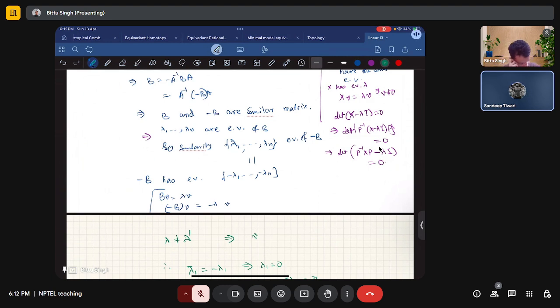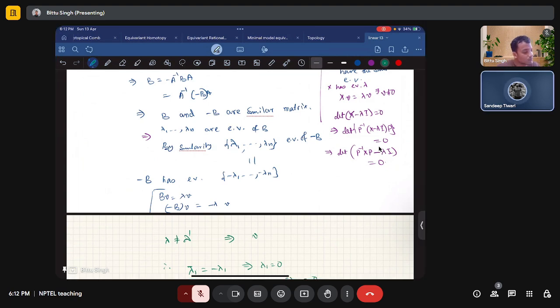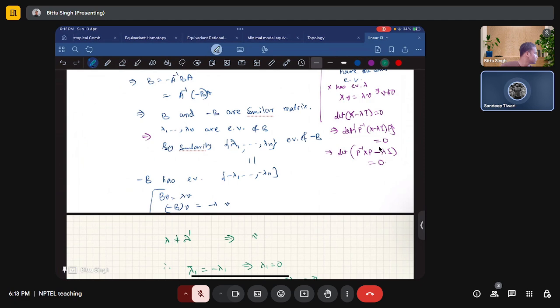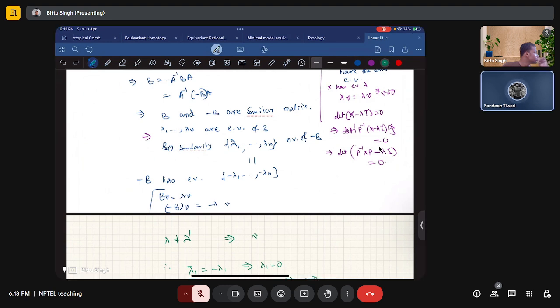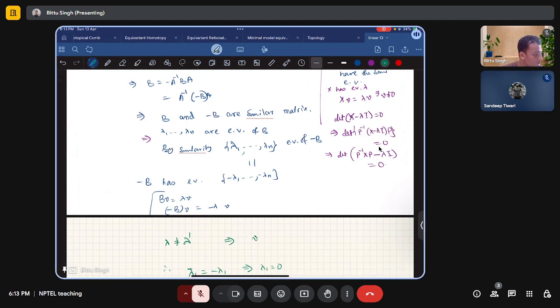And we know that trace of ABC is equal to trace of BCA. We can write it as BAA inverse. So A inverse A will be identity. So we will get minus trace B only. So trace B is equal to minus trace B. So this will imply trace B is 0. Yes, that is a better argument.